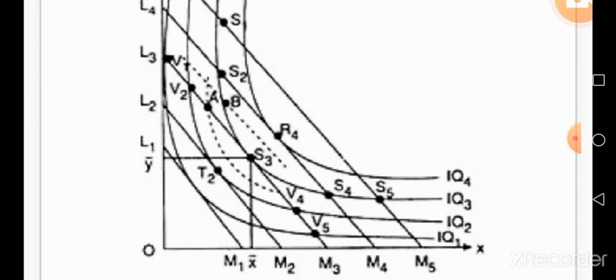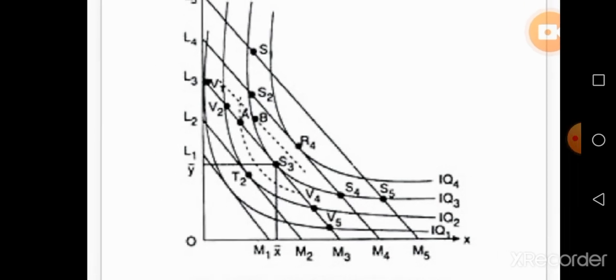For example, if you observe the quantities of production like IQ1, IQ2, IQ3 and IQ4, these are four different quantities of production. For these we use four combinations: M1 L1, M2 L2, M3 L3, M4 L4. So this is the isocost.